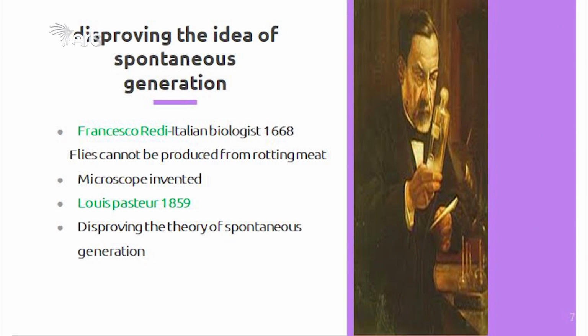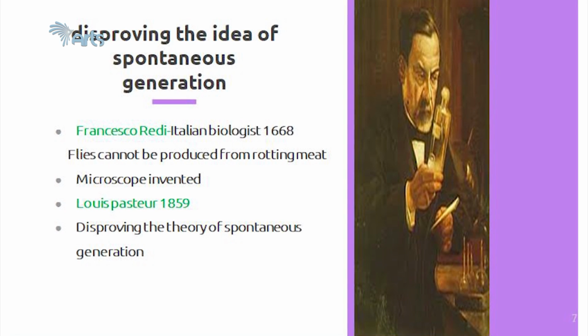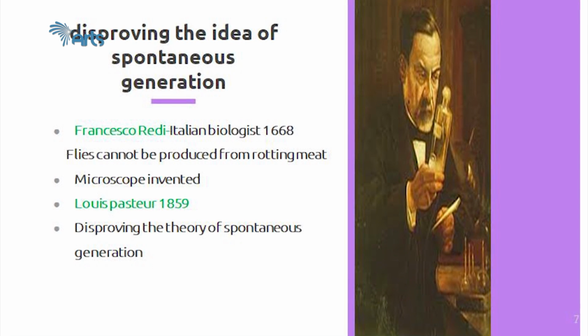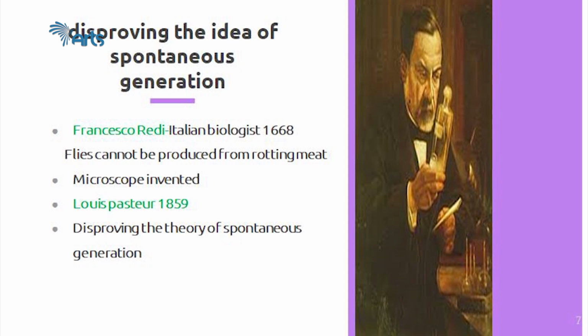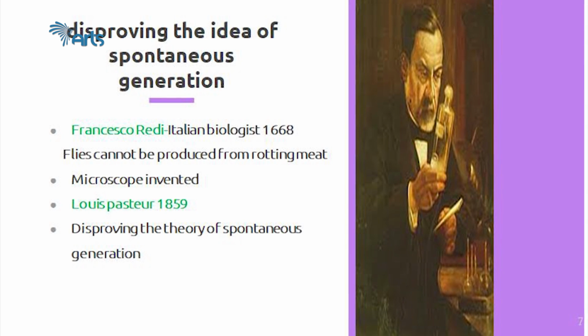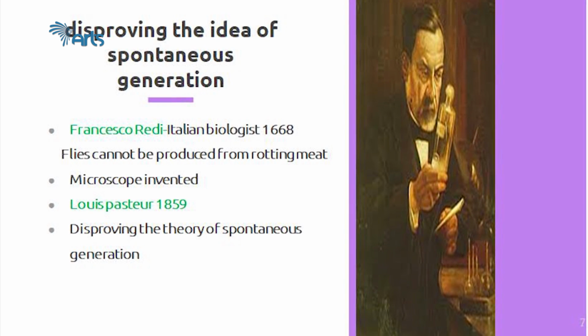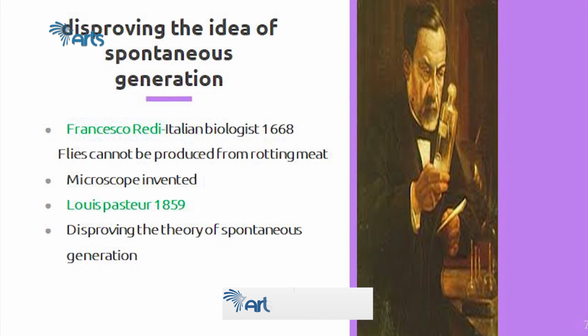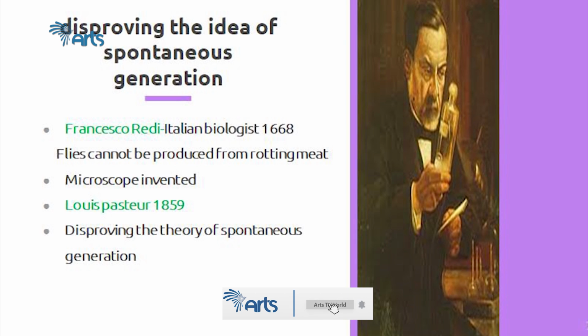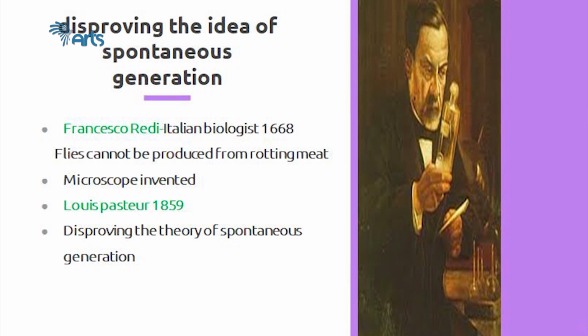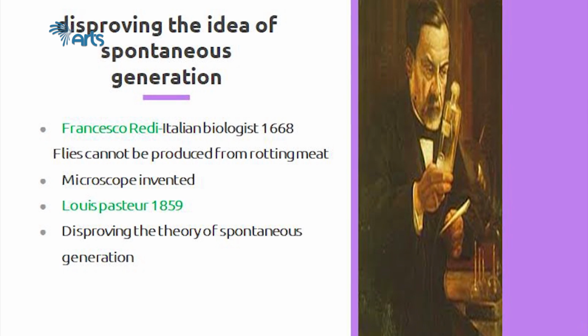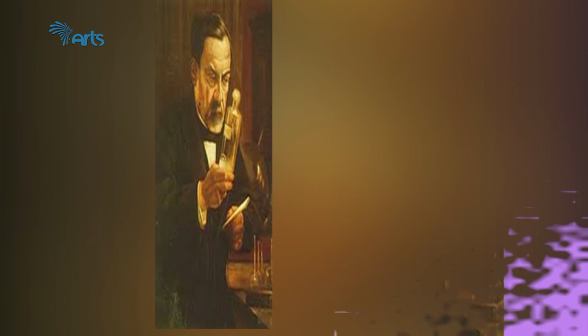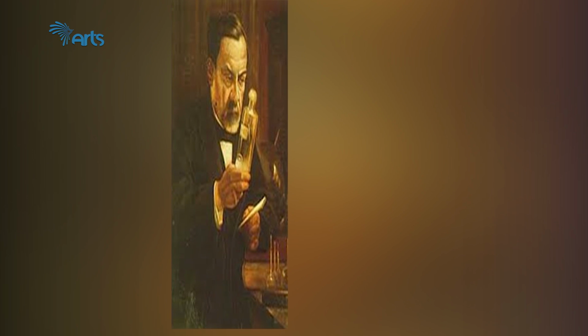This theory says living organisms come from non-living matter. These ideas were disproved by the 2 experimental scientists, Francisco Redi and Louis Pasteur. In their experiments, they showed that living organisms do not come from non-living matter, but from living creatures.